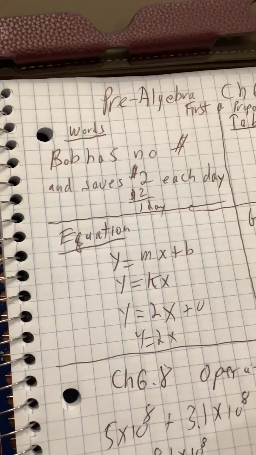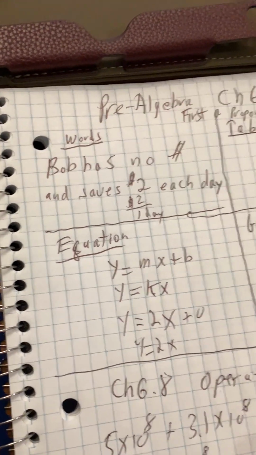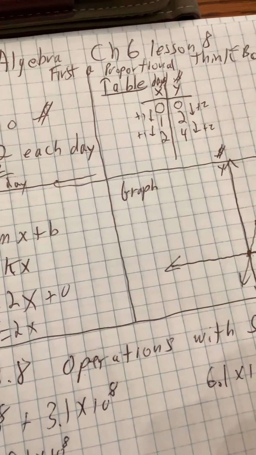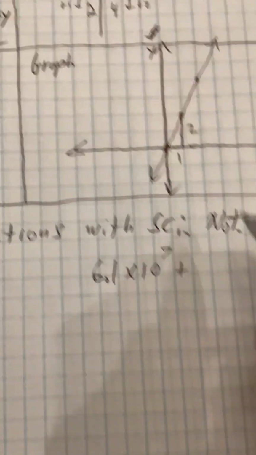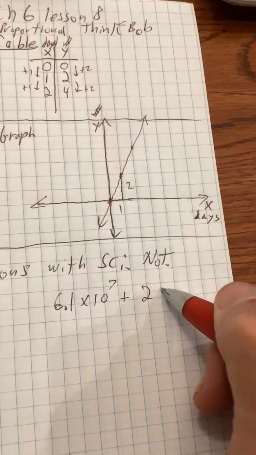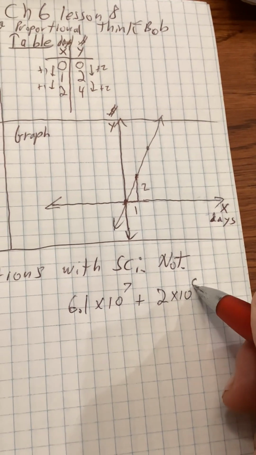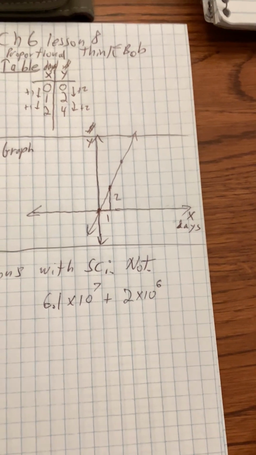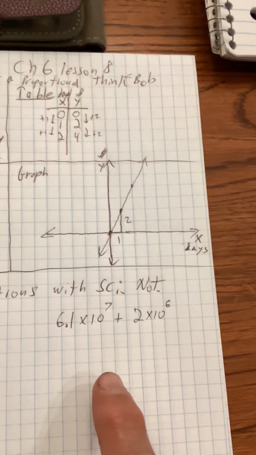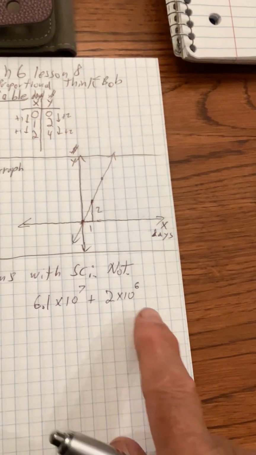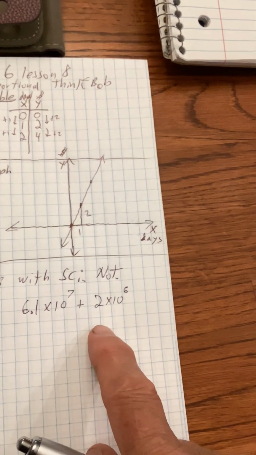Let's make up one example here. What if you had 6.1 times 10 to the 7th plus 2 times 10 to the 6th? Do you want to make them both 10 to the 6th or 10 to the 7th? By what I said, you want to make them 10 to the 7th, so this one has to change.